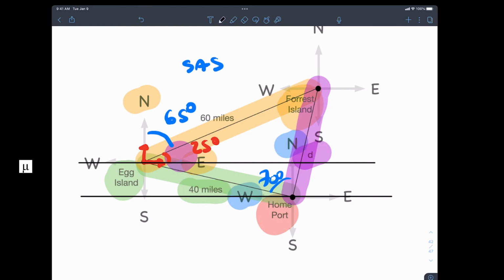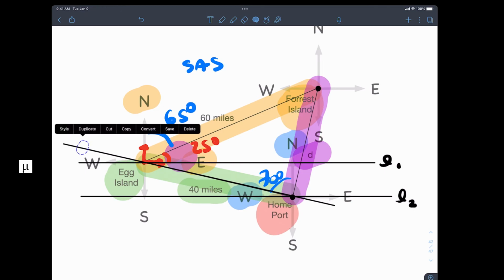So this is going to be what? L1, L2. You guys okay with that? And then you say, oh, Mr. Judge, if I can do this, you have a what? What is this?